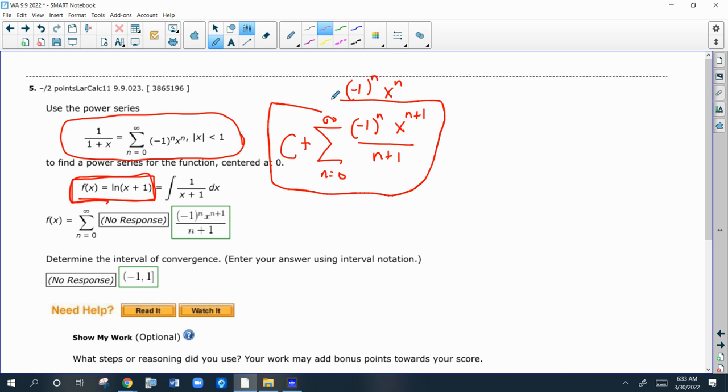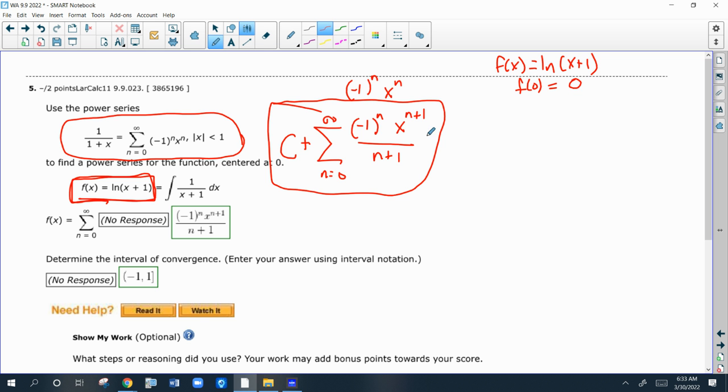So let's use an initial condition. Centered at 0, we know that if you plug in 0 for x, you get the natural log of 1, which is 0.